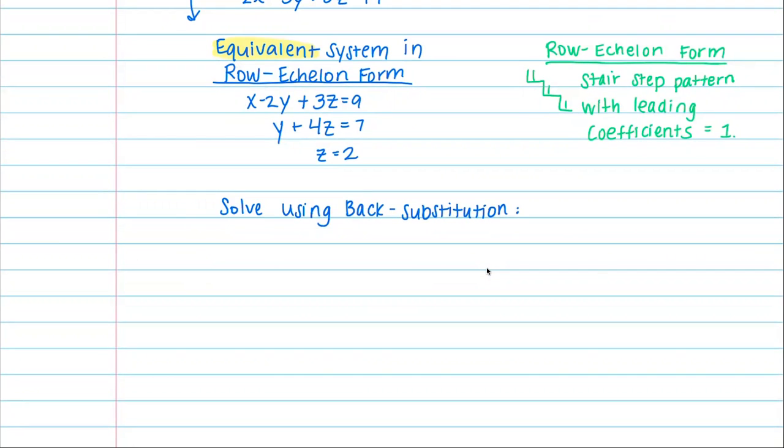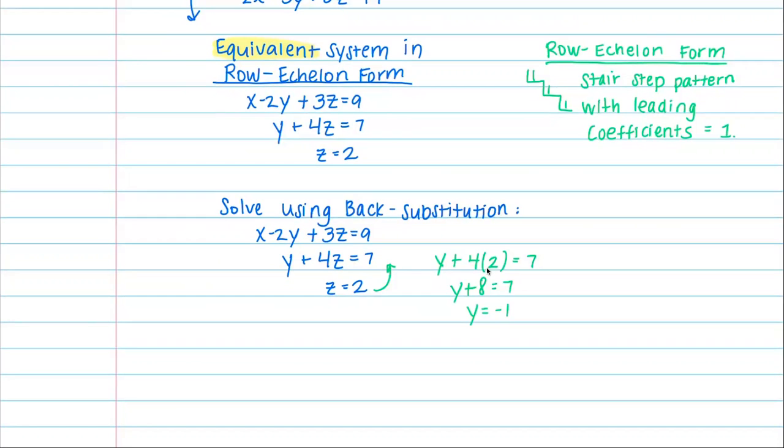I'm going to go ahead and copy the system again. And we can use our backfill. So we'll substitute in here and we get y plus 4 times 2 equals 7. So y will equal -1.